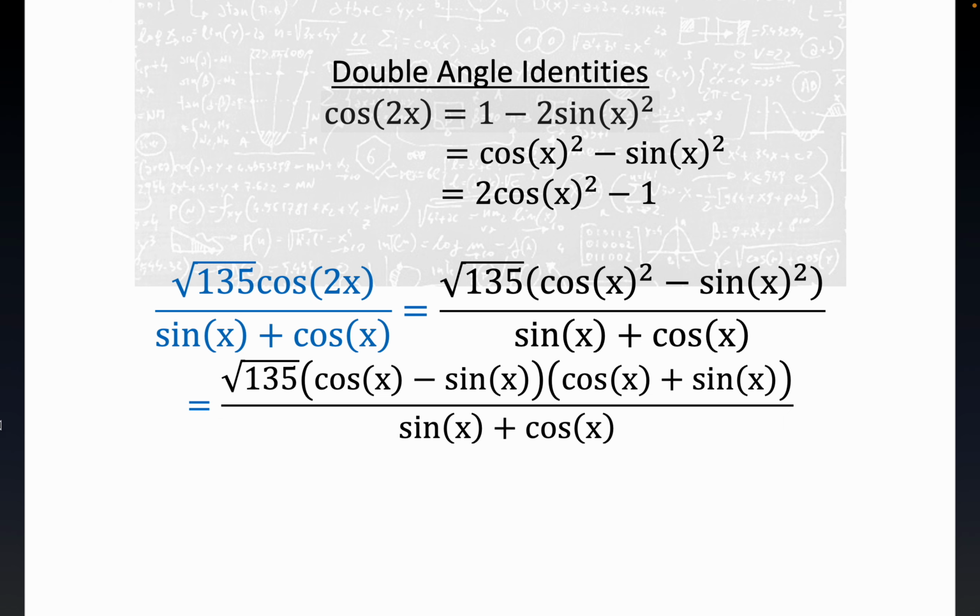and we can go ahead with kid gloves, cancel out, and get that this is equal to root 135 times cosine x minus sin x. Now remember, I didn't even say what it was.